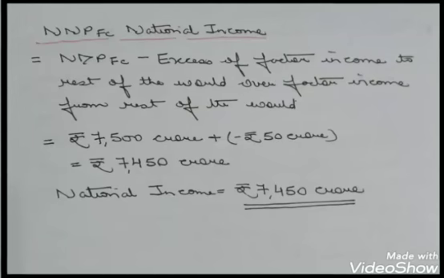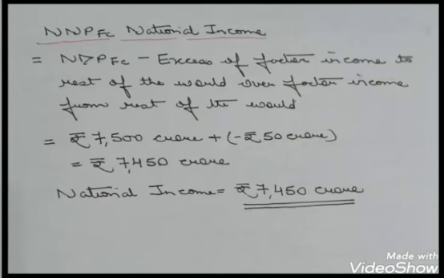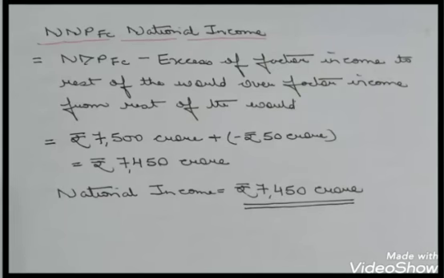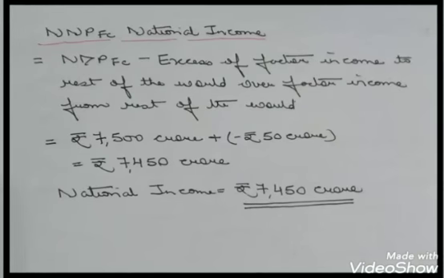So that means it is negative. But as we add, we put that sign of plus in bracket. I have written minus 50 crore, and that comes to minus only, and that is why your value came to be rupees 7,450 crore, which is your national income, right?